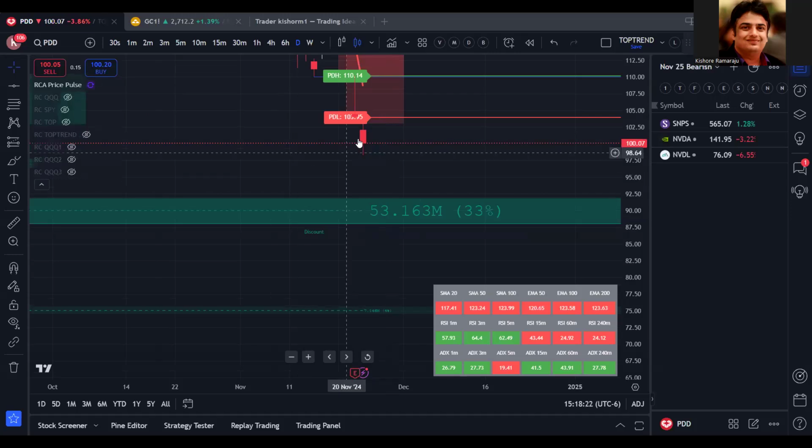If PDD comes to around this $90 price, there can be a huge bounce. It may move minimum 10, 12 points.